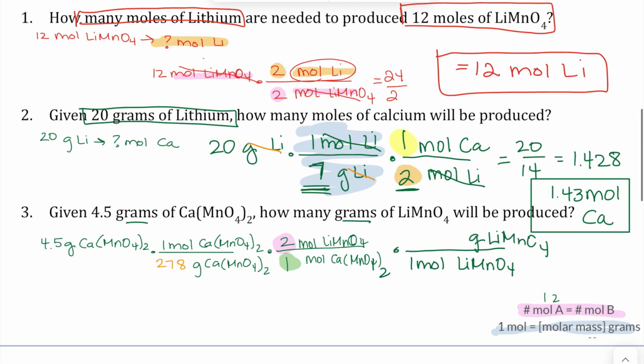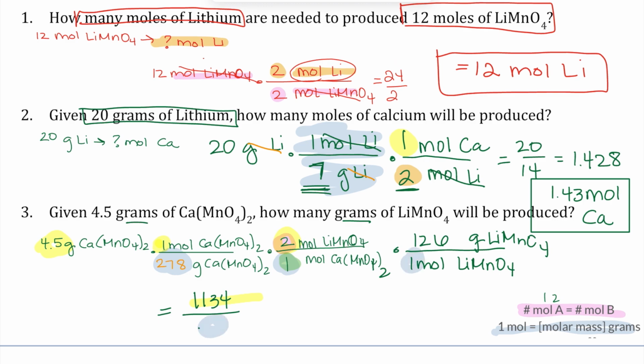for a total of 126 for that molar mass. I'm going to go through and do my math, multiplying 4.5 times 1 times 2 times 126. That goes in the numerator, divided by everything in the denominator. So dividing by 278 times 1 times 1.